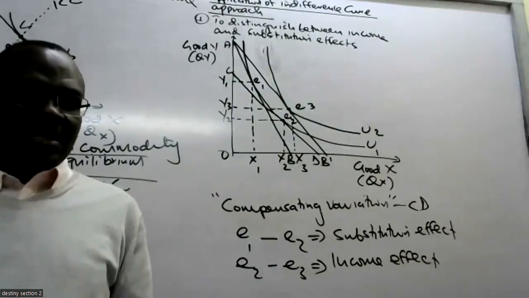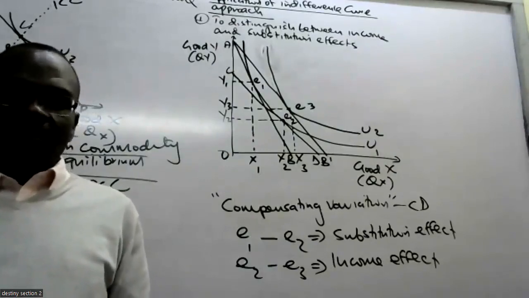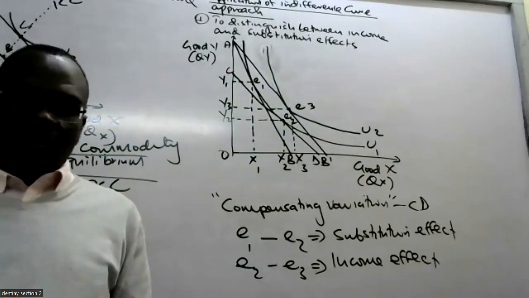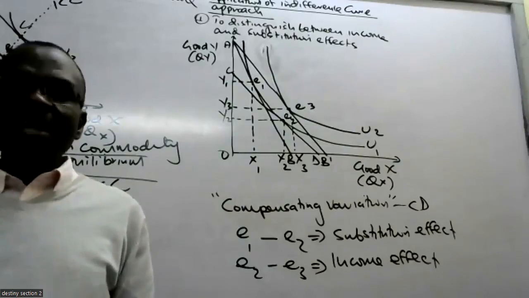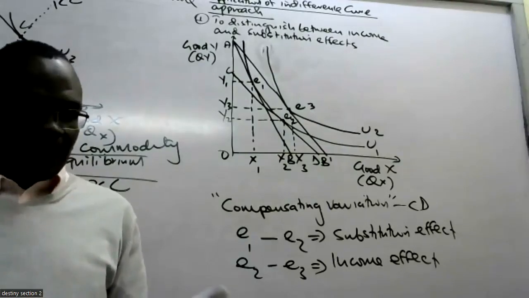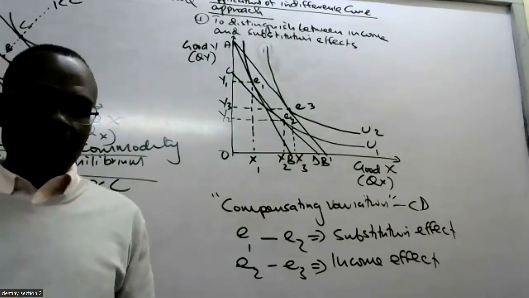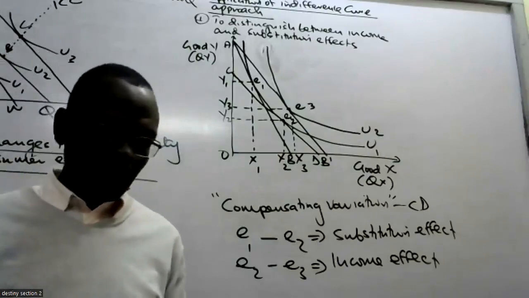To make the compensating variation in income, you shift the budget line AB to the left, keeping it parallel to AB prime until it is tangent to the original indifference curve U1. This is the budget line CB.